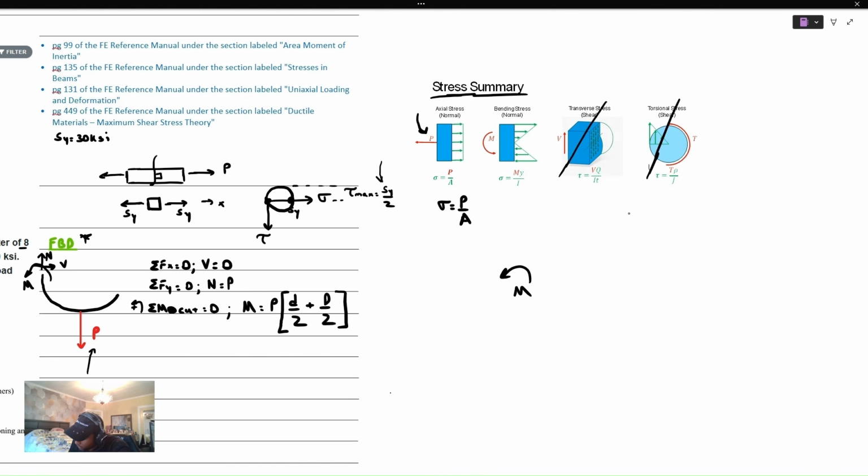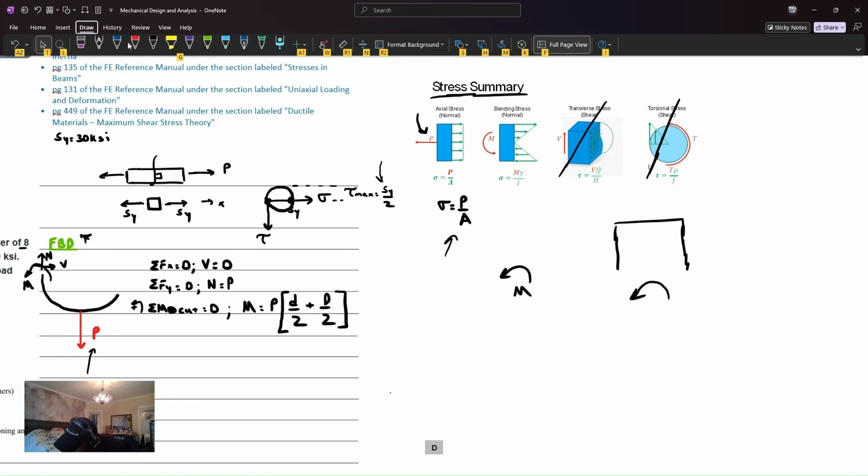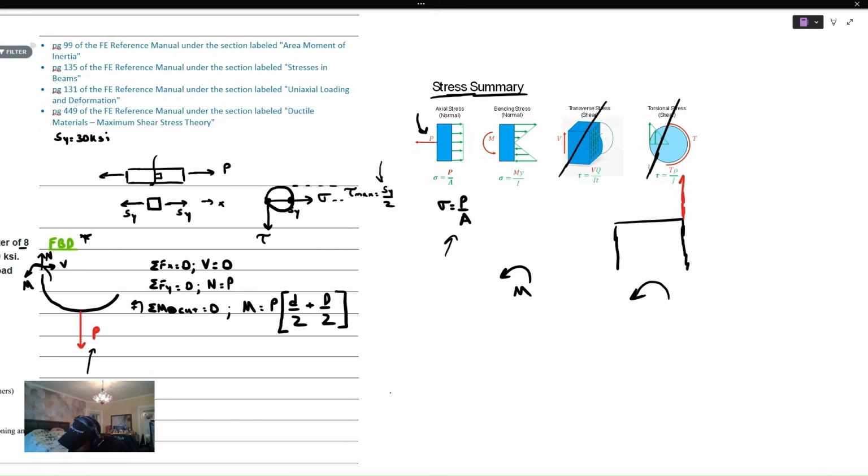So if we zoom into the hook there, that internal axial load is going to produce something uniform, and it's going to be tensile in nature. What we're looking for is where the most tension is going to be for our moments. We understand that our moment vector is in this orientation. We draw it on a 2D page here, curling in this direction. That would mean that we have a tension on the inner diameter.